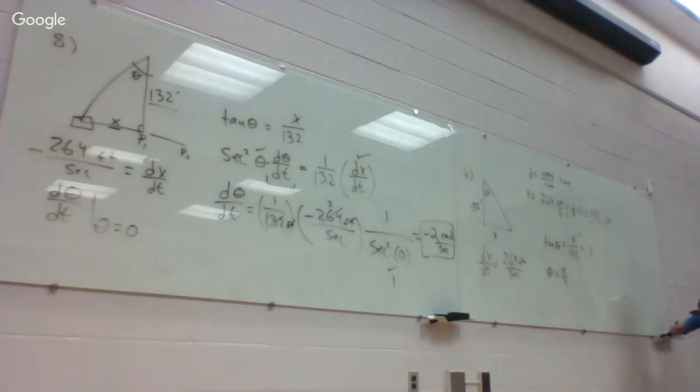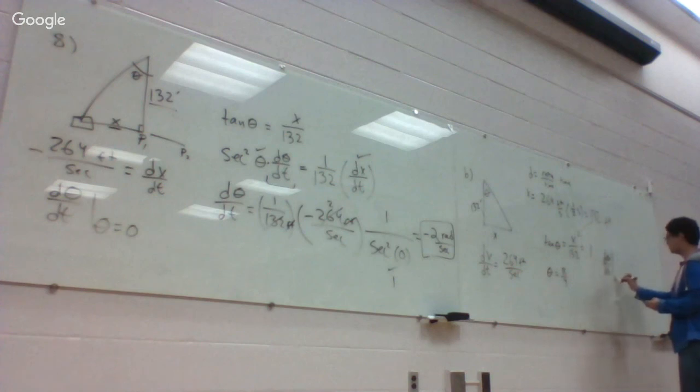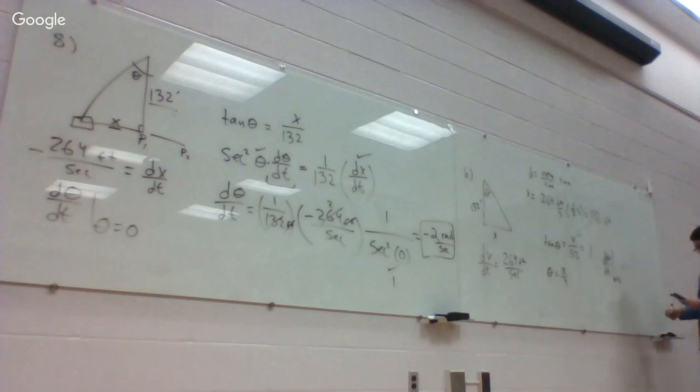And they still want d theta over dt at 1.5 seconds, so d theta over dt at theta equal to pi over 4. We can again use the original equation that we found: 1 over 132 times, this time the rate is not negative, 264 feet per second, over secant squared of pi over 4.